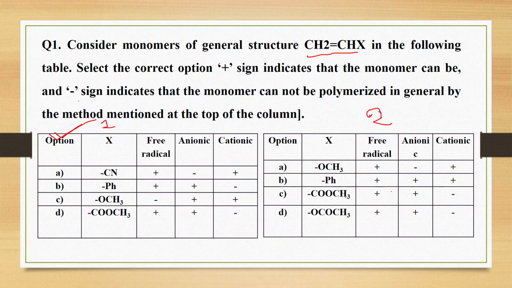Just think about whether the group has a minus R effect or plus R effect, or minus I or plus I effect, and what kind of effect they will have on the anions, cations or radicals. 2A and 2D. Okay, so the answers are varying a bit.